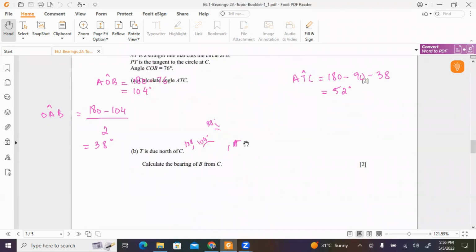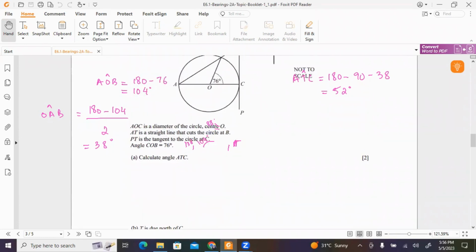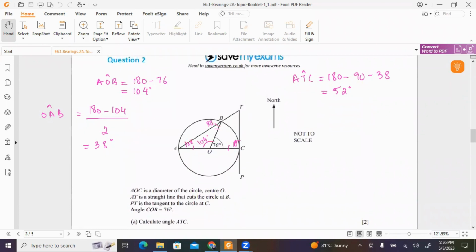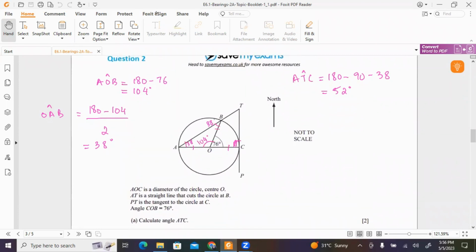Then it says T is due north of C. Calculate the bearing of B from C. Draw our compass at C, and this is where B lies.